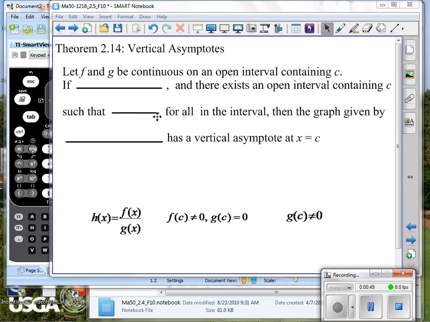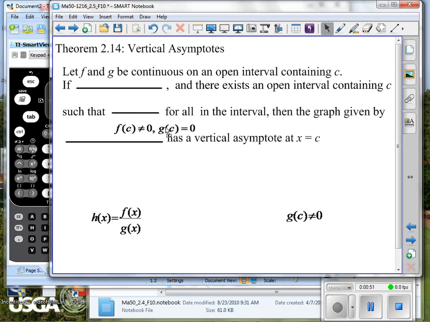f and g are continuous if f of c does not equal 0 and g of c does equal 0, and there exists an open interval containing c such that g of x does not equal 0.